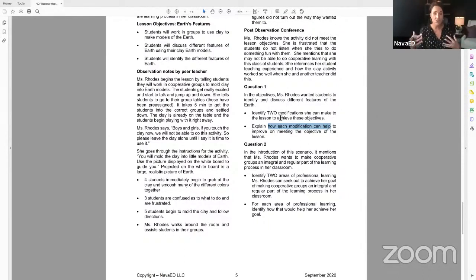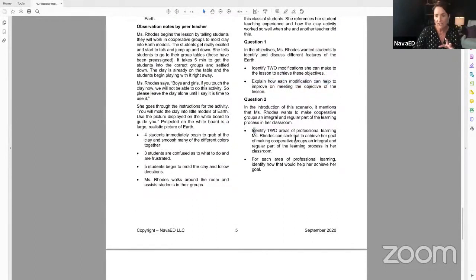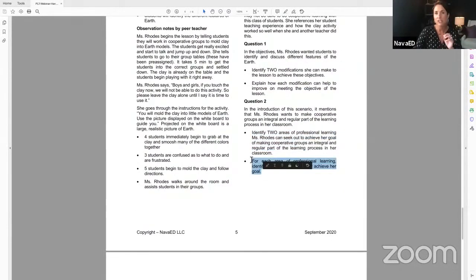So this is how they're structured. They'll tell you to say, identify 2 things the person can do. And then it'll say, how will this help students? That's how they do it. Okay. And it's the same here. Look here, identify 2 areas of professional learning. And for each area of professional learning, say how it'll help her achieve her goal.